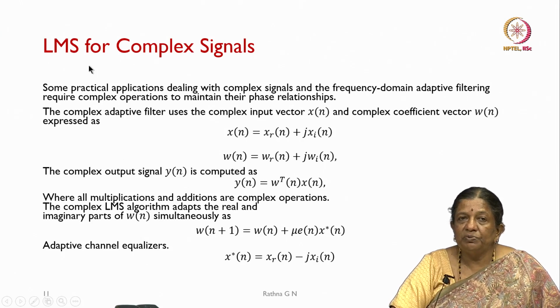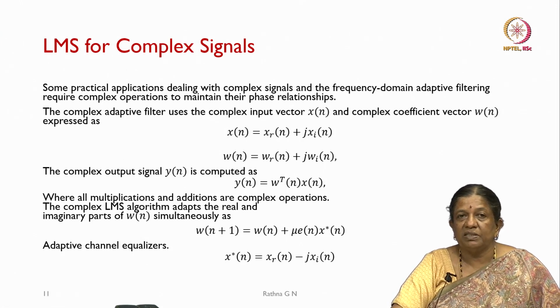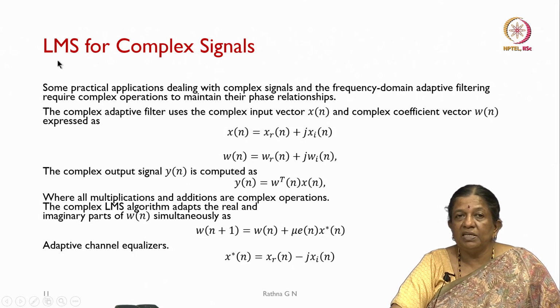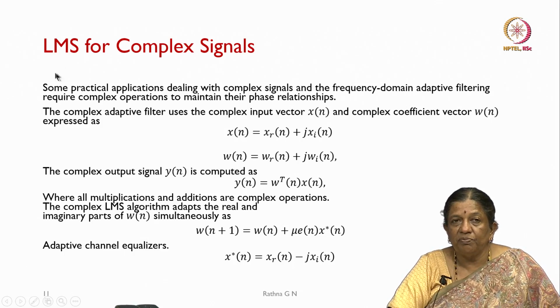Now, how is the LMS algorithm going to work for complex signals? We have seen the DFT and other things for complex signals. Here also we have to see how it is going to work for least mean square. Applications dealing with complex signals, such as frequency domain adaptive filtering, require complex operations to maintain their phase relationships.